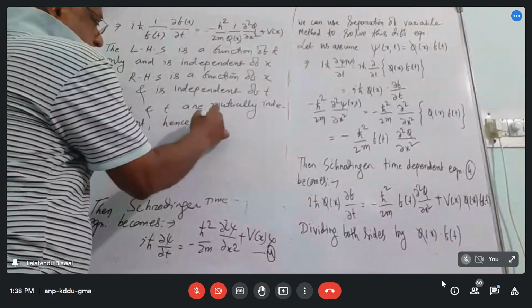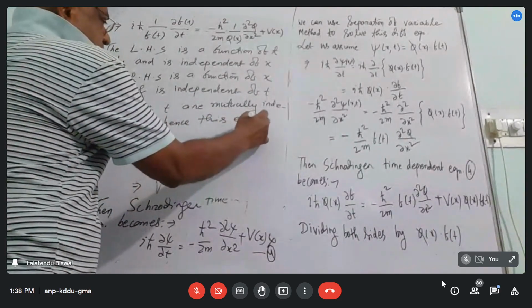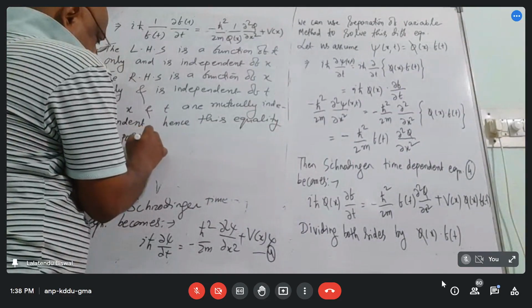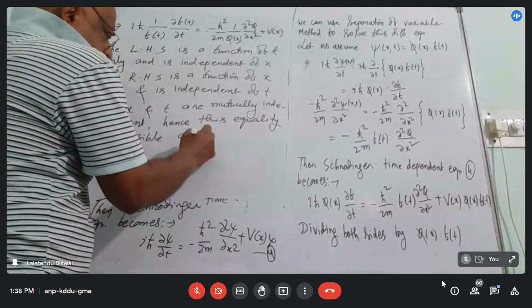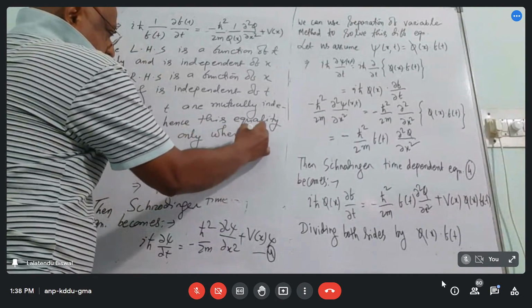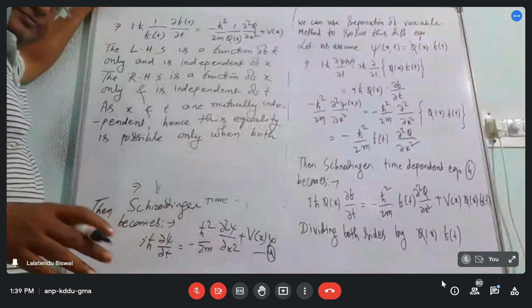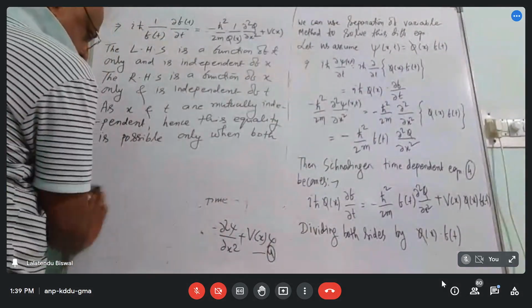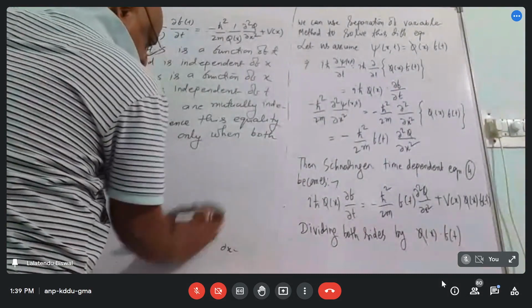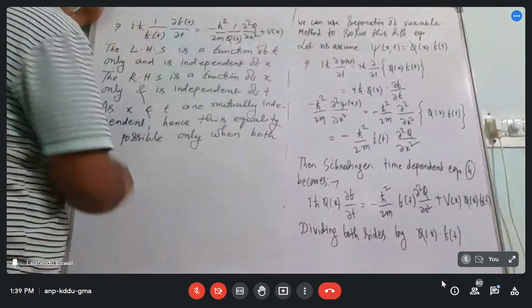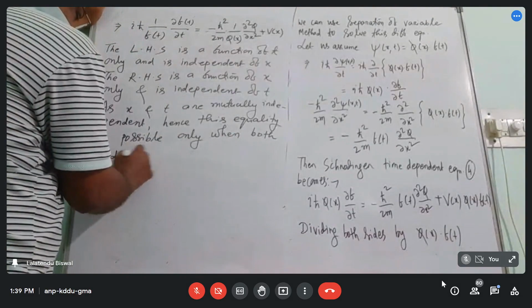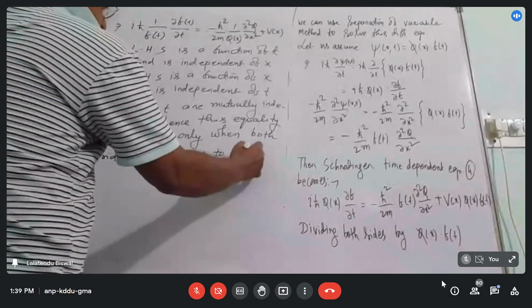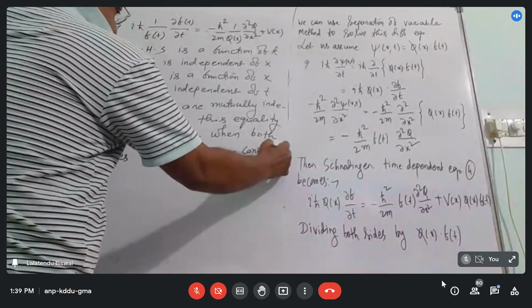Hence, this equality is possible only when both sides are equal to a constant. Let us take that constant to be E.